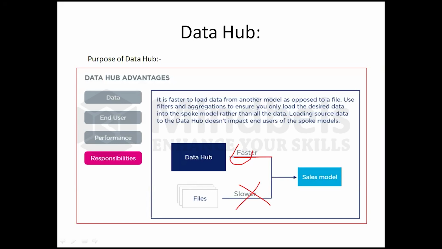It is faster to load data from another model because Anaplan is built in such a way that module to module input will always be faster than loading the data from files to the model. Understood? So model to model input is going to be faster, that's why they are saying this is the faster way of doing the data transfer.